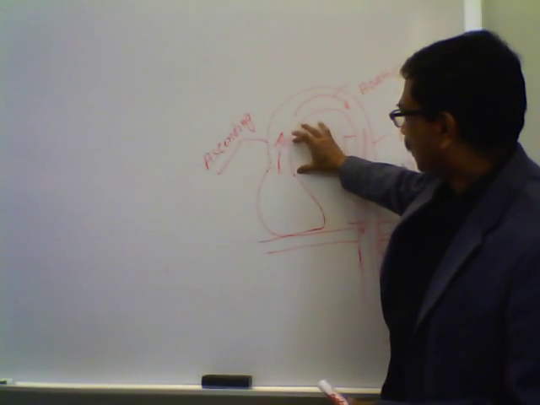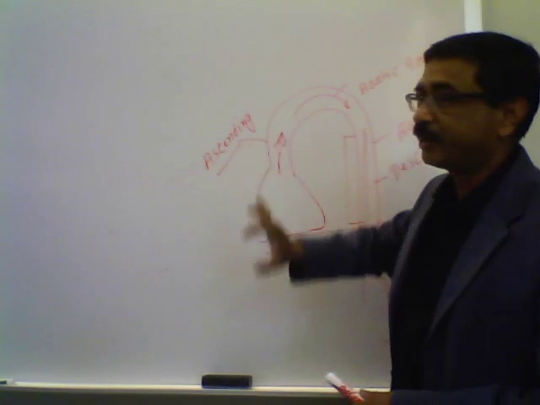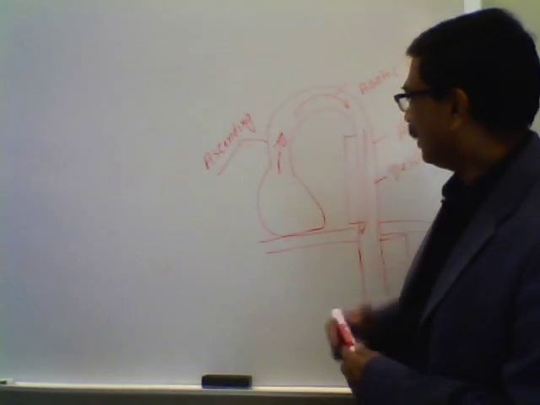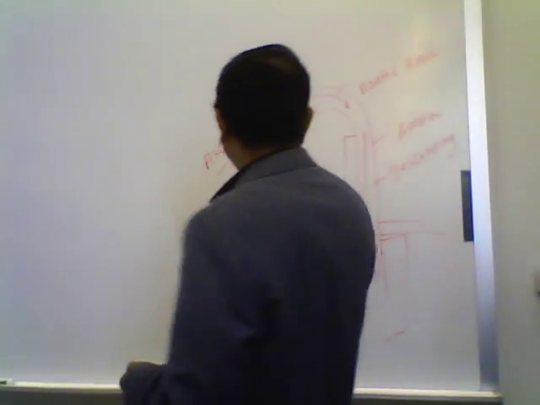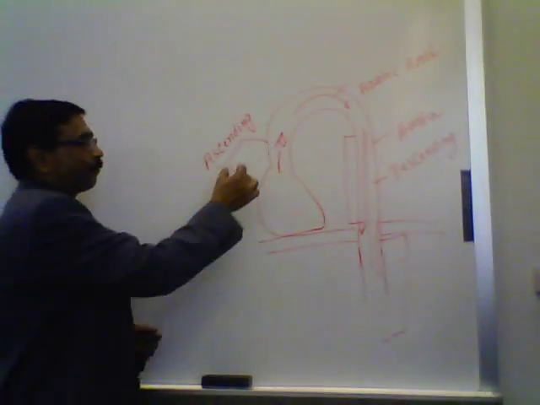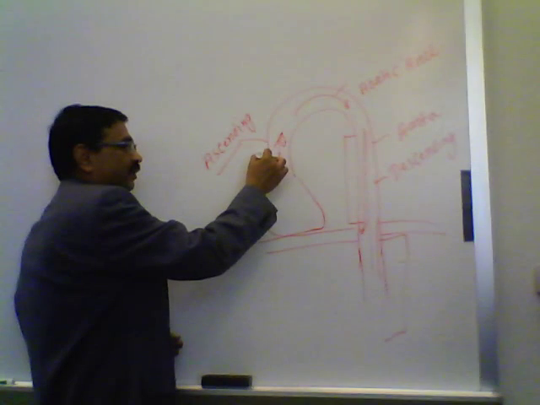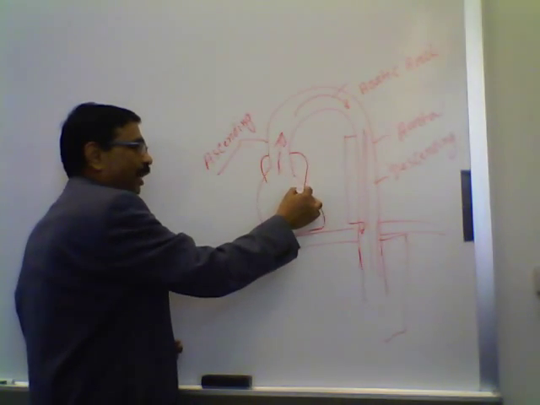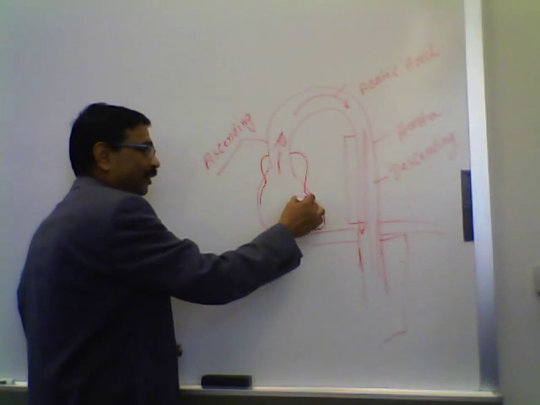Now we'll see. This is the shortest part of the aorta, ascending aorta, very short. And from the ascending aorta, two arteries arise. Very important. They go to the heart wall. What are those?